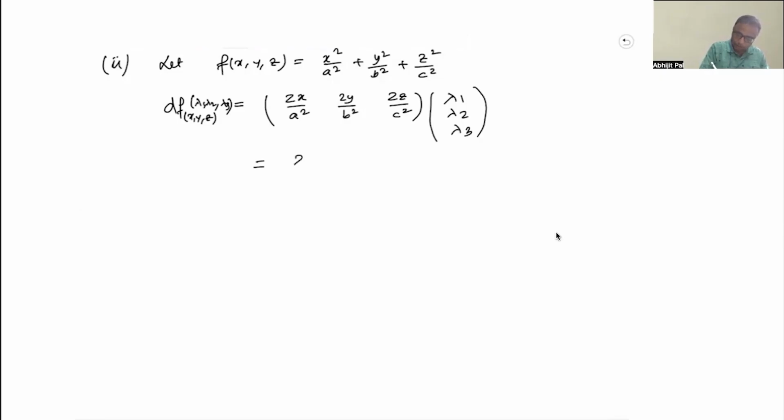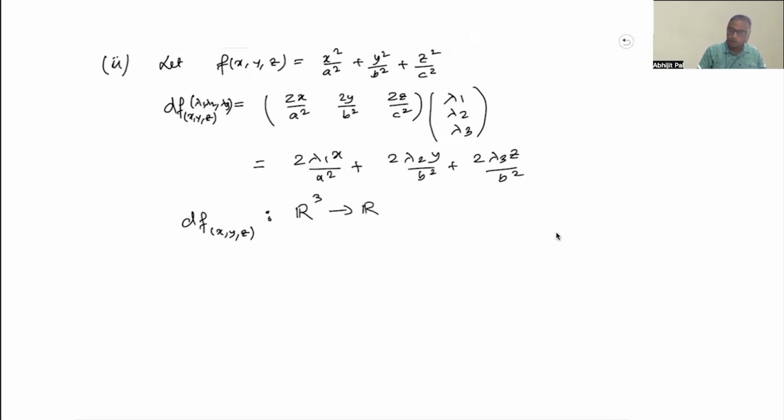And this will be 2 lambda 1 x by a square plus 2 lambda 2 y by b square plus 2 lambda 3 z by c square. So this linear map is from R3 to R. Okay. So again, df at xyz.